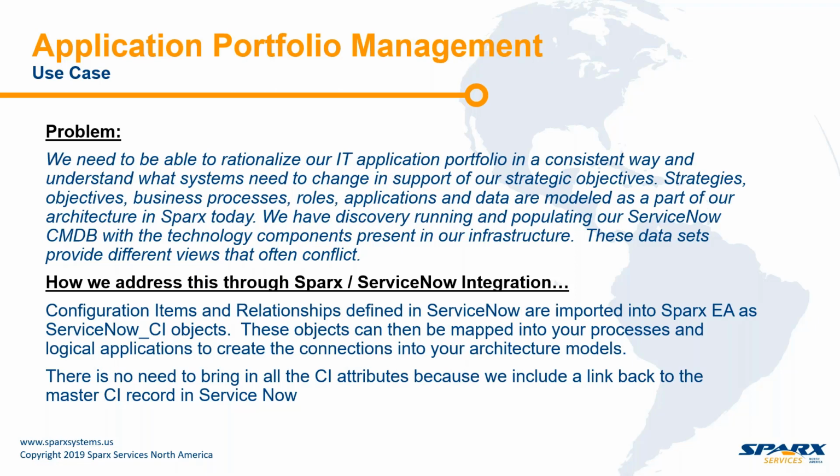We might do this in the context of something like capability-based planning, or this may be an IT asset management discussion as you're trying to cut IT costs. We may do this in the context of a cloud migration effort or a digital transformation. As architects, we actually do this a lot. We look at the current state of the environment and we look at where the business is going and we say, okay, what needs to change in order to get there?